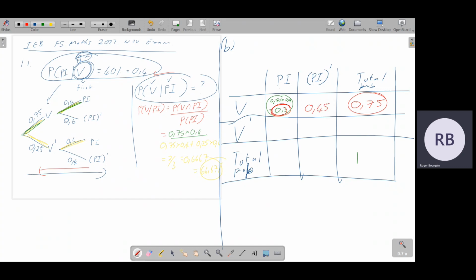That must be 0.45. You could also figure it out, vaccinated and not previously infected, by going vaccine 0.75 times 0.6. It will give you 0.45.